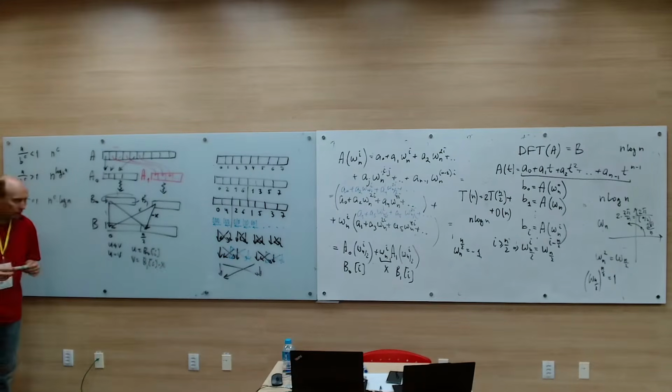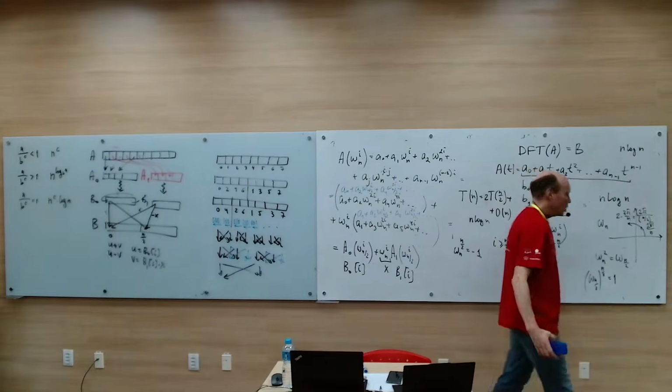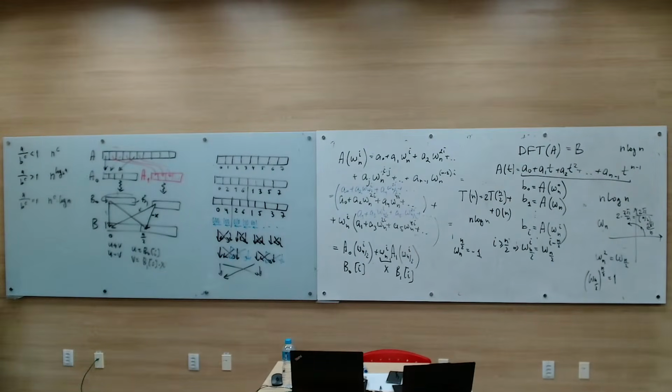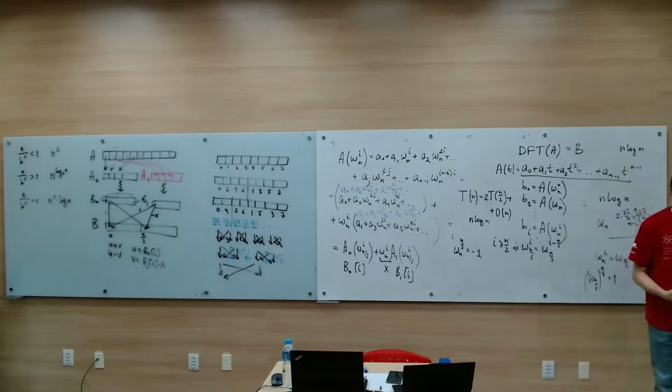No more questions. Okay, so the next thing that we're going to discuss related to this is that sometimes it's not... Well, I promised to tell you about the inverse. So, consider the problem of multiplying two integers. We look at the integers as polynomials like this.